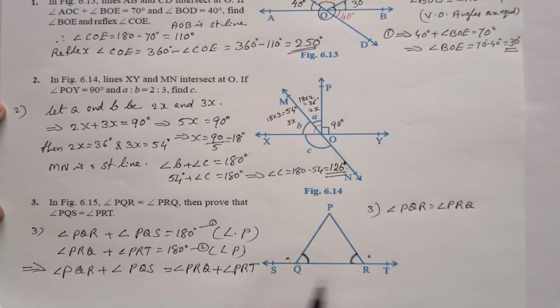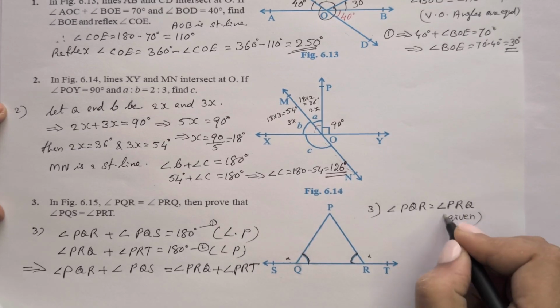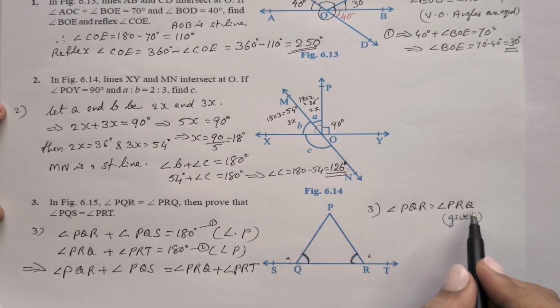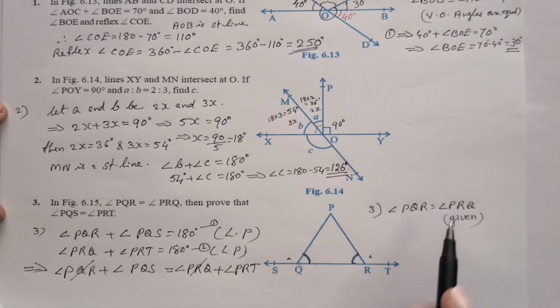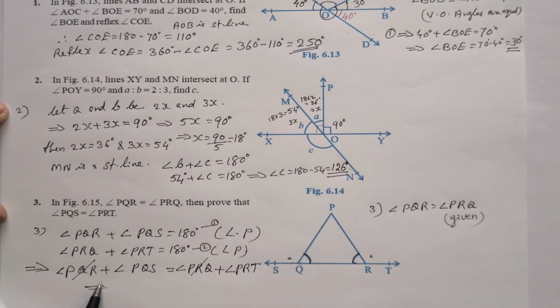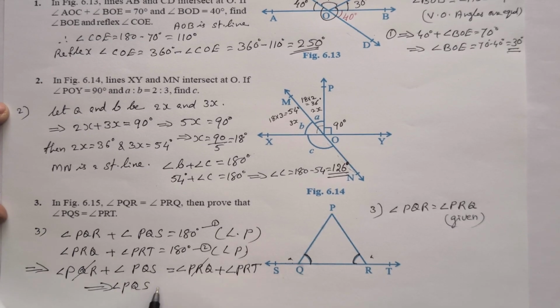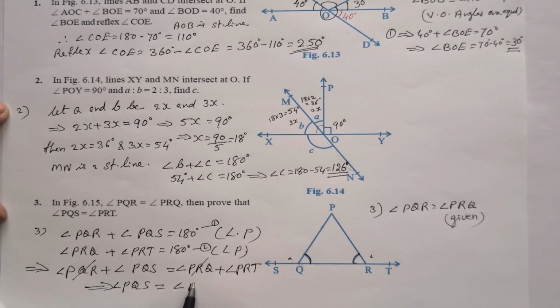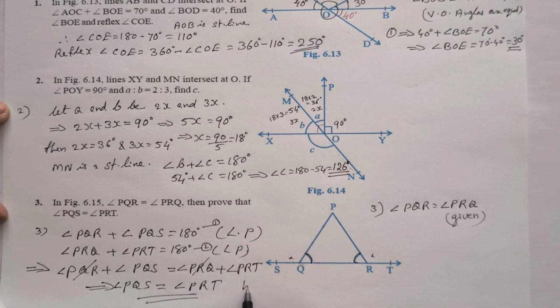From here we can see what is given in the question: PQR and PRQ are equal. So we can cancel them from both sides. Then remaining on the left side, angle PQS is equal to angle PRT. Hence proved.